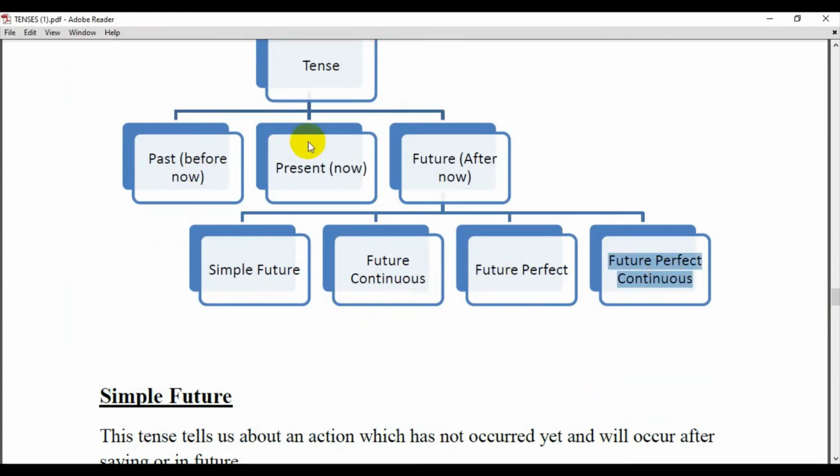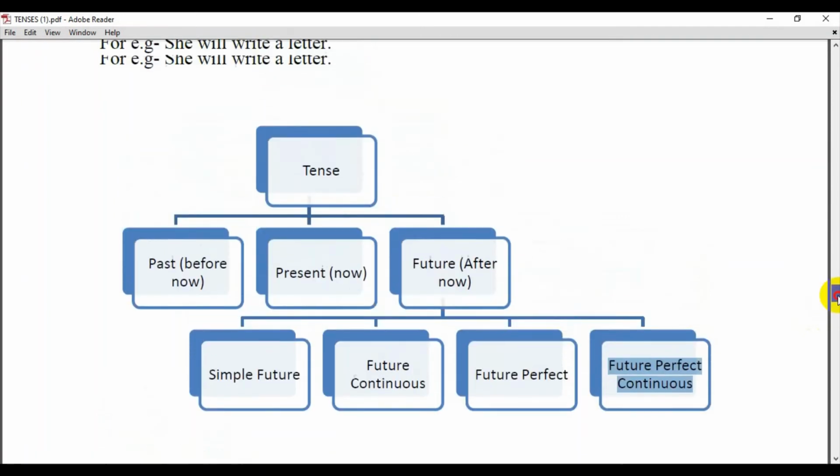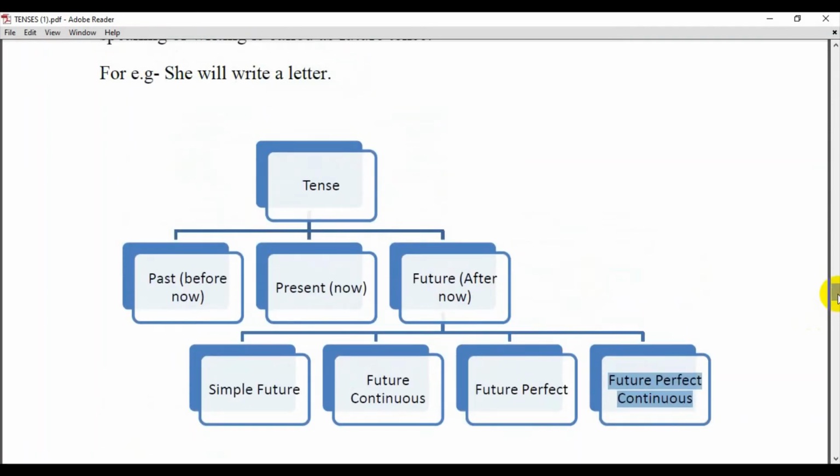So if you notice this table here, we have the tense. For example, the past for things that happened before now, while the simple future for things that will happen after now.